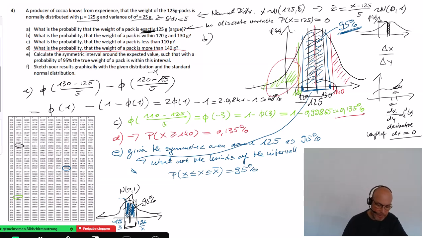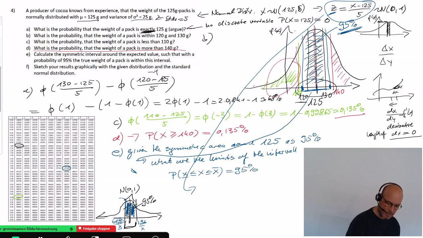And for the standard normal distribution, we know that this is plus minus 1.96, and this we can now insert in our standardization. So we have 1.96 equals (x upper bar minus 125) over 5.